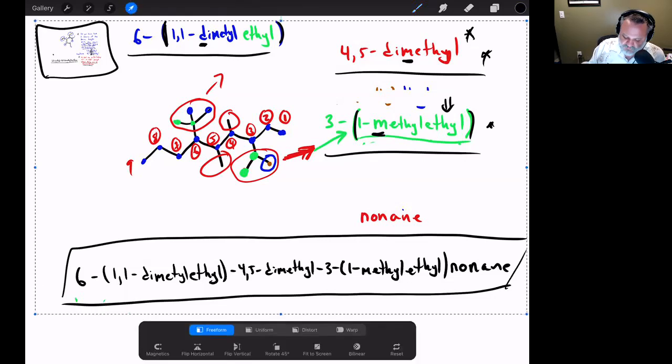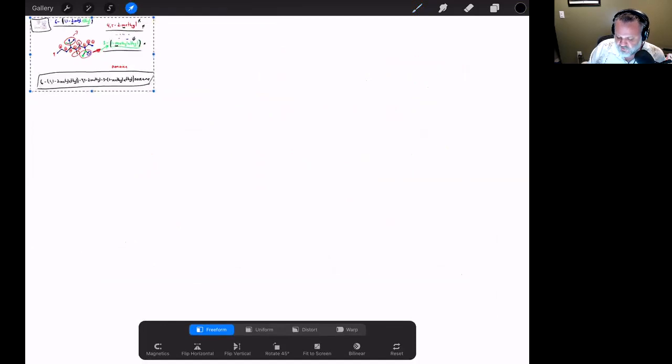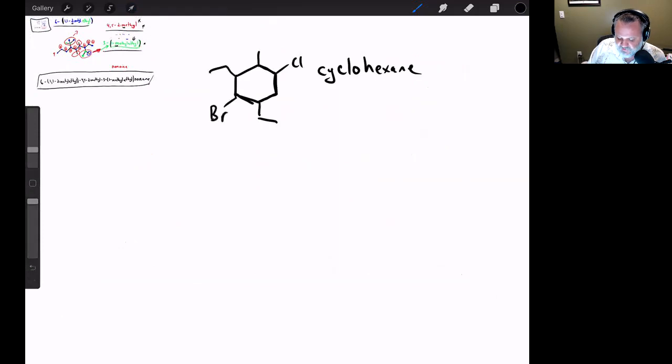Now, there's a couple of different things that I want to go at before we sign off for the day. What happens if I have a cyclic group? Well, this is a 6-carbon molecule, and it's cyclohexane. What we're going to do later is we're going to talk about how we would name molecules that are a little bit more complex and cyclic.